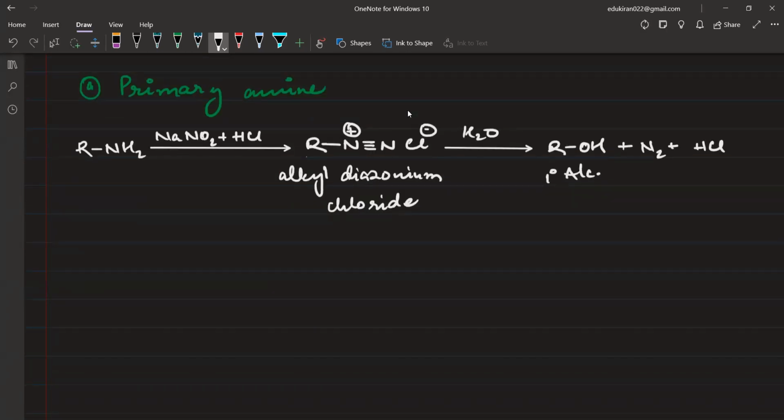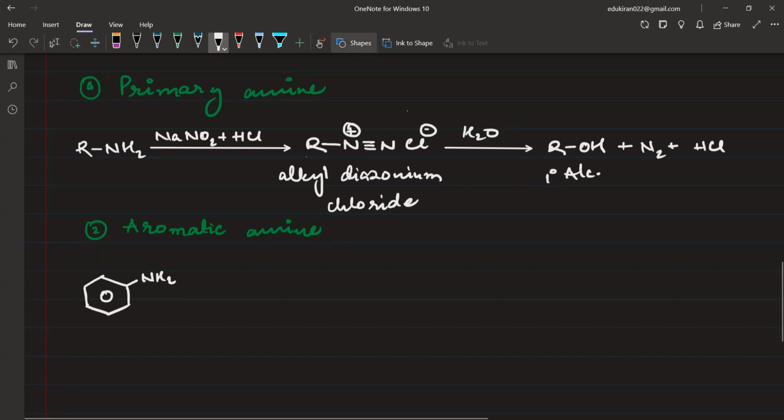When the same reaction happens with aniline, that is aromatic amine, at 0 to 5 degrees Celsius, we get benzene diazonium chloride.